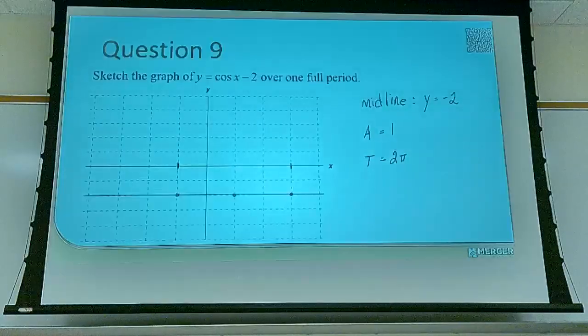Cosine of 0 is 1, right? So we go 1 unit up from the midline. Cosine of pi is -1. We go 1 unit down from the midline.